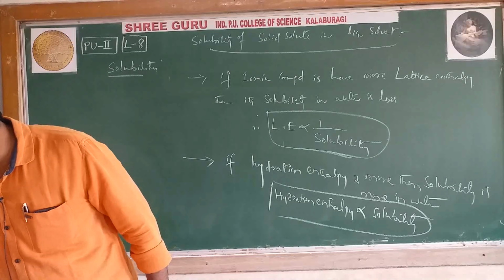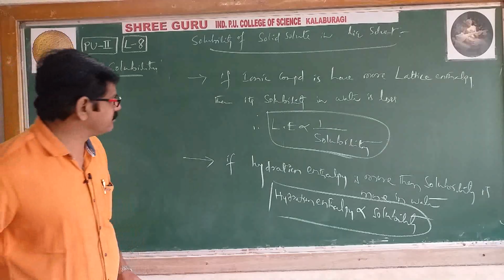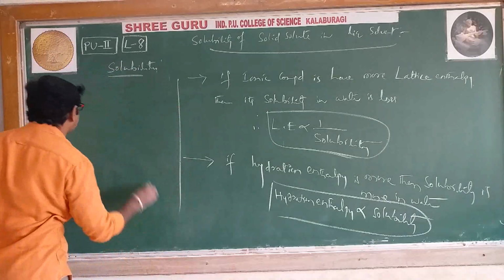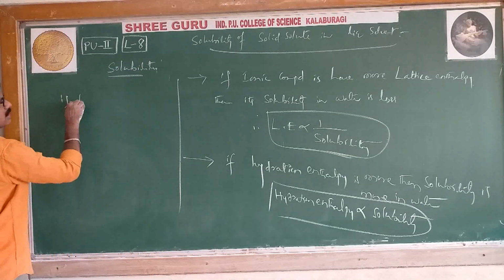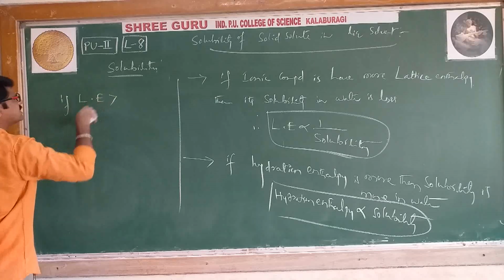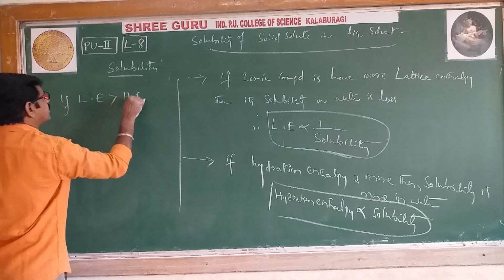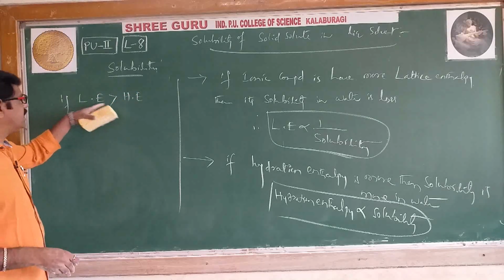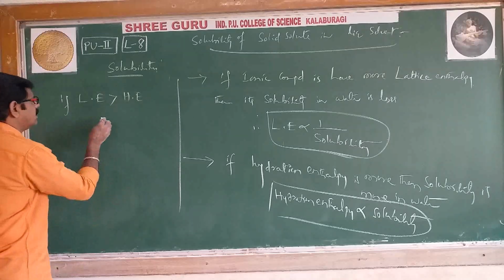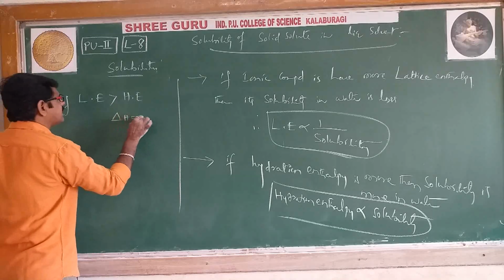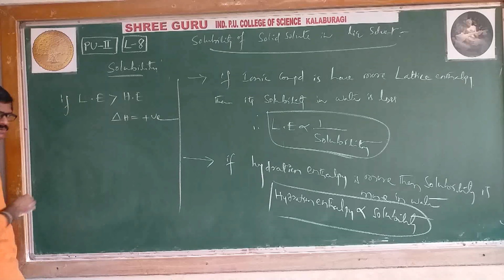Next we can write like this: if lattice energy is greater than hydration enthalpy, because lattice energy is required energy and hydration enthalpy is released energy, then the delta H value will be positive.